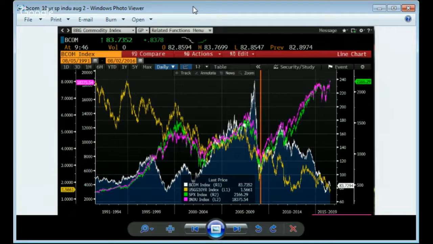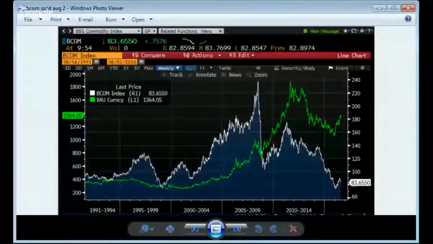Okay, now let's take a look at another indication of the same thing. Gold is in green. I guess I should have put it in gold, but I didn't think of it. And the commodity price index in white.